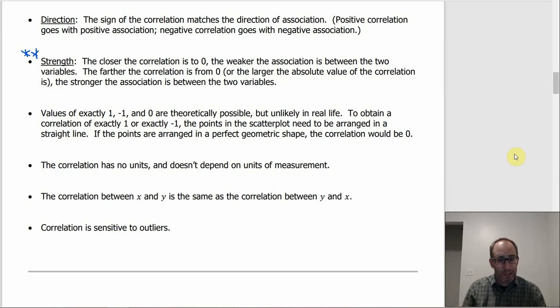So, all right, well there's that, and it doesn't depend on units of measurement, so that would mean like if you had lengths, like if that's what your data was, a bunch of lengths, like that's what both variables were. Then if they're in imperial measure, like feet and inches, or if they're in metric, either way, you're going to get the same correlation. So that's good, right? If there are 2 different measurement systems in use for something, then the correlation will be the same anyway. That's what you want, right?